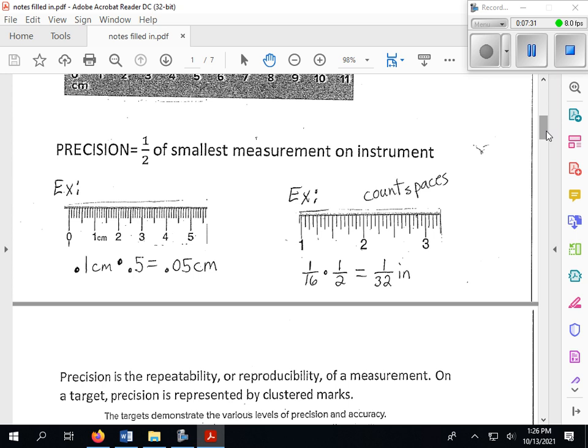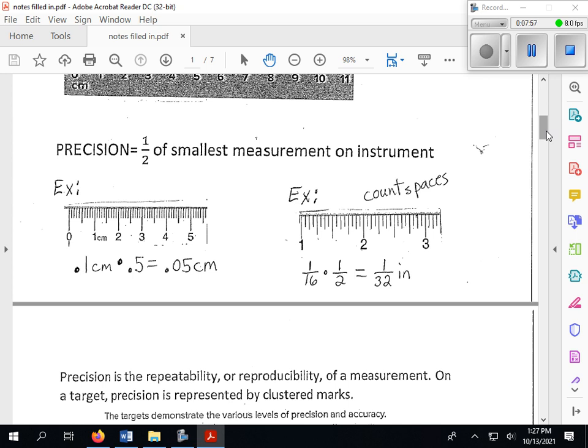So Fletcher says 1.9 maybe, and Maya says maybe 1.8. Am I going to mark either one of those answers wrong? No, because with the tool that we have, that's the best measurement we can get. All right?